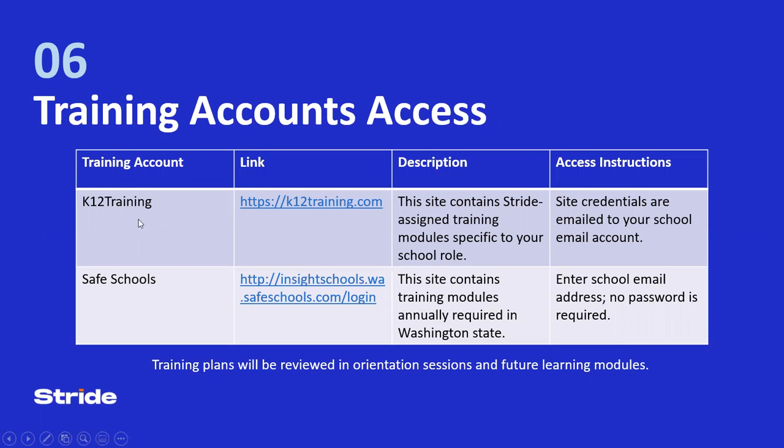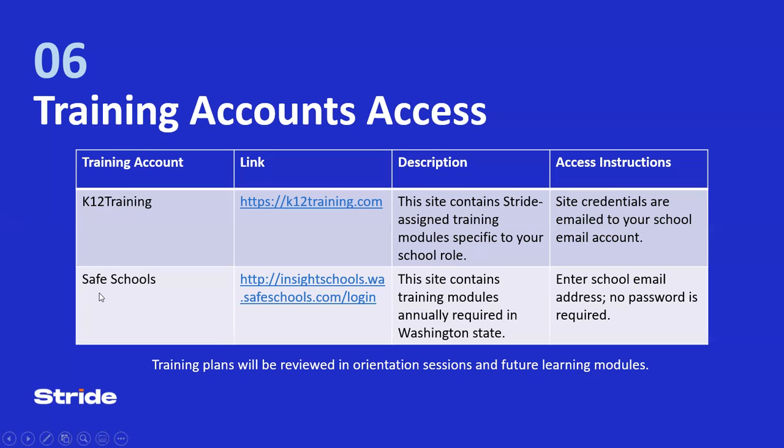So k12training.com is going to be the primary site where you complete the Stride assigned training modules, more specifically designed for your school role and the school platforms that you'll need to use. And your access instructions are emailed to your school email account. We will do more of a deep dive into this in future modules in our live sessions.